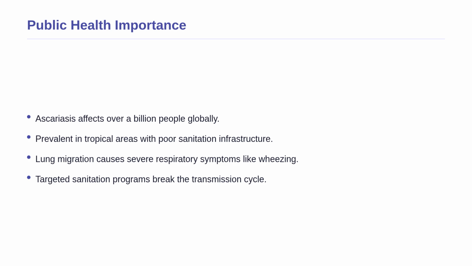For instance, knowing about the lung migration phase explains why infected patients often present with severe respiratory symptoms, like coughing and wheezing, long before any intestinal issues arise. Furthermore, because the eggs require warm, moist soil to become effective, public health officials can design targeted sanitation programs to effectively break the transmission cycle.